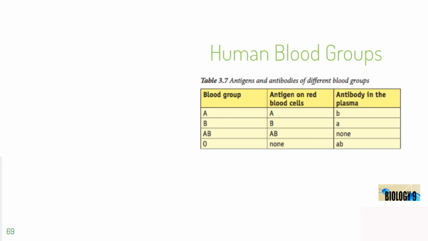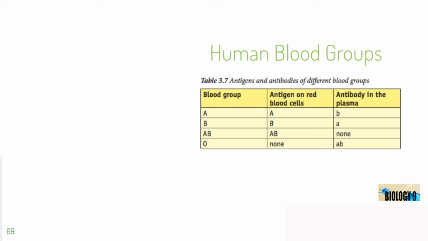And I believe that I have got some slides coming up in the following unit about these antigens, so you can learn a little bit more about them then. But in terms of the context of these blood groups, the different antigens that are found on the surface of red blood cells give different human blood groups.